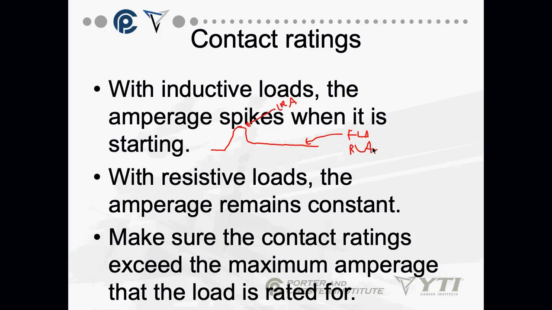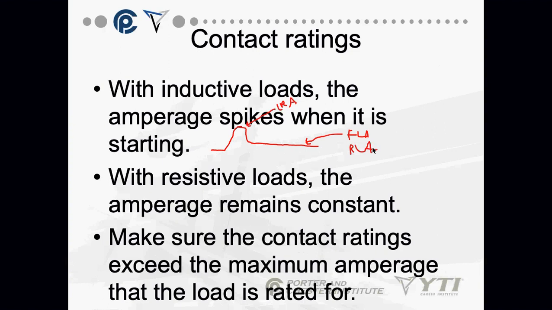Locked rotor amps only happens when the amperage spikes at startup and the motor or whatever isn't turning yet. The amperage is way up there. It's about 6 times higher than my FLA, which is full load amps, or my RLA, which is run load amps. There's about a 6 times difference.